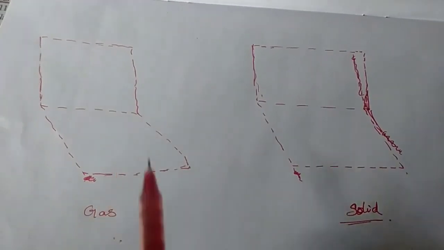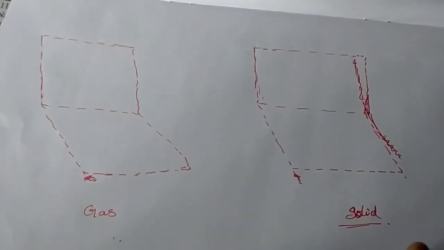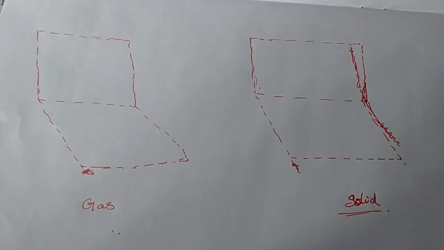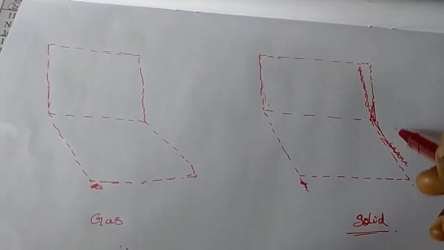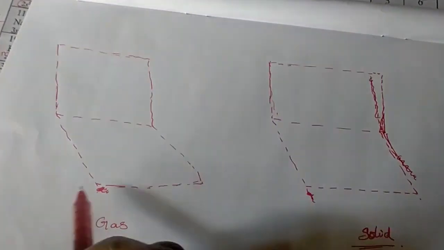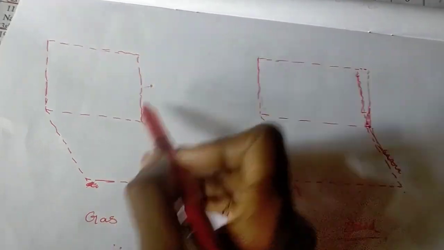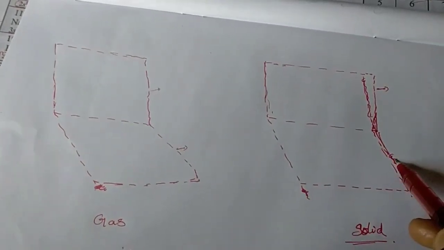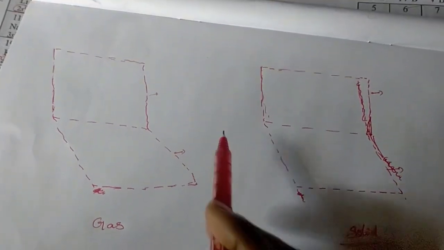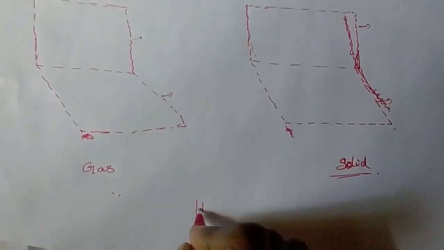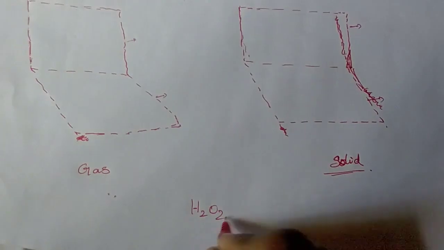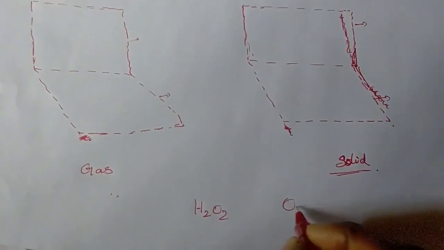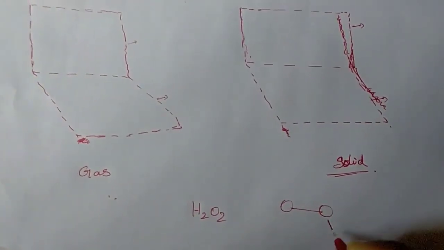Now you can see the structure looks like a partially opened book, and the angle between the two planes is explained here. This is one plane and this is another plane. Generally, hydrogen peroxide exists in the skew form.